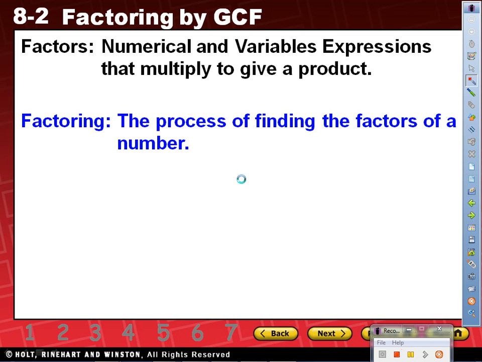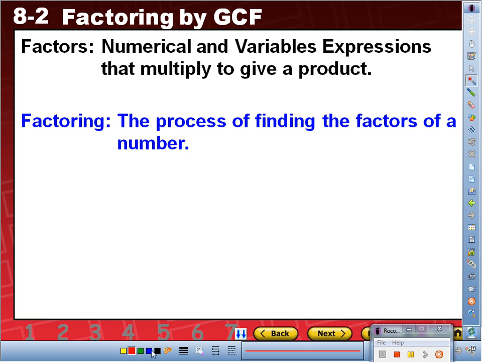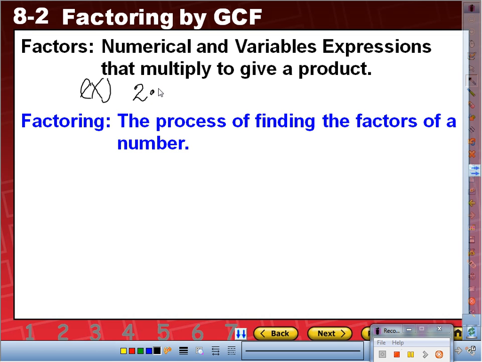So for factors, let me show you an example. It says numerical and variable expressions that multiply to give a product. 2 times 3. Those are factors. Is it a numerical expression? Yes. Are they multiplying? Yes. And they will give me a product.